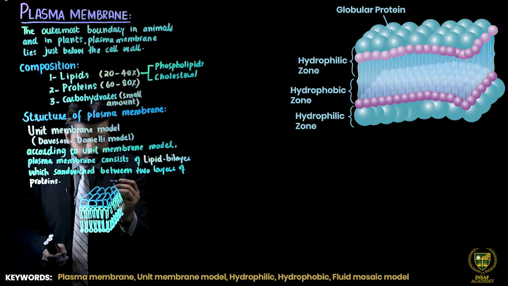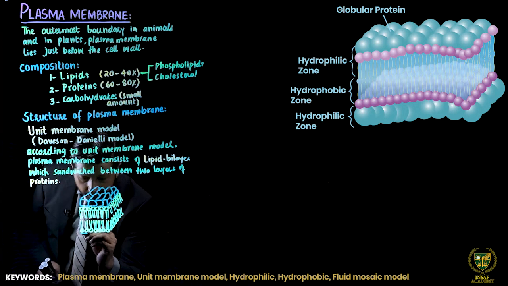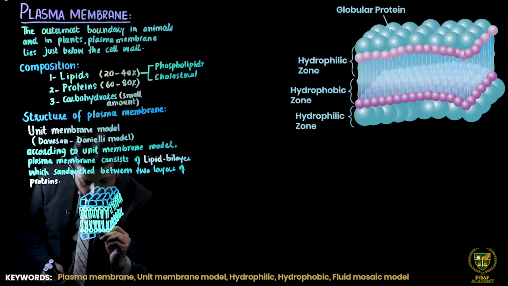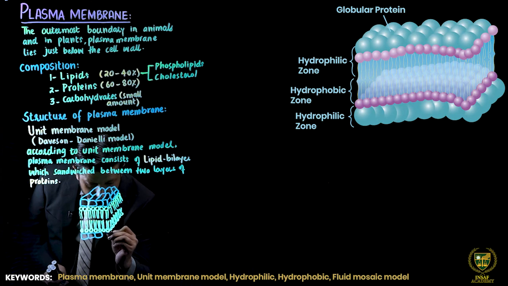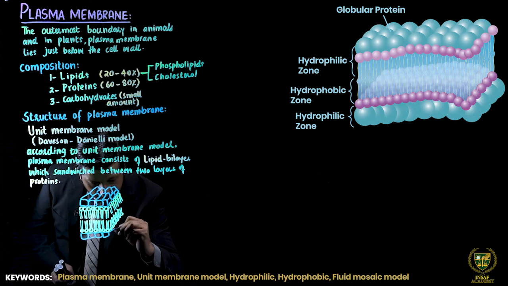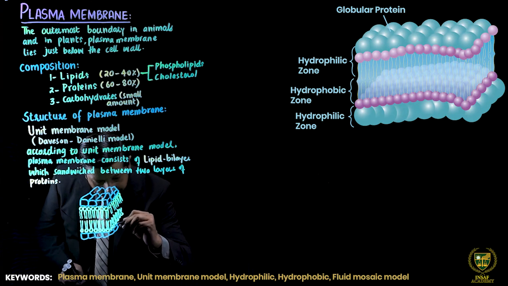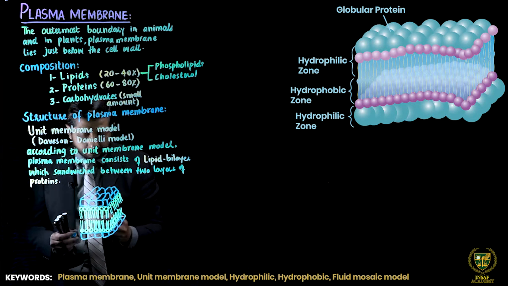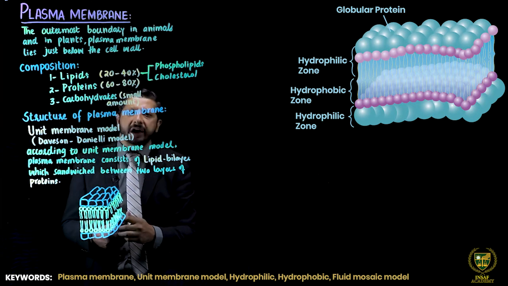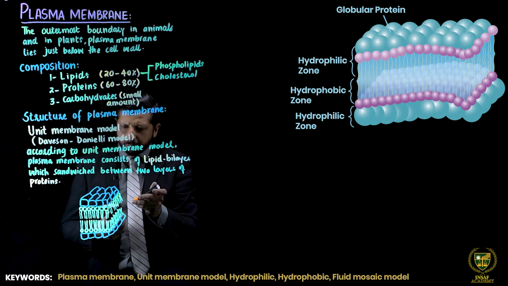Like this, the upper layer of proteins, and over here is the lower layer of proteins. So this model is called the unit membrane model.